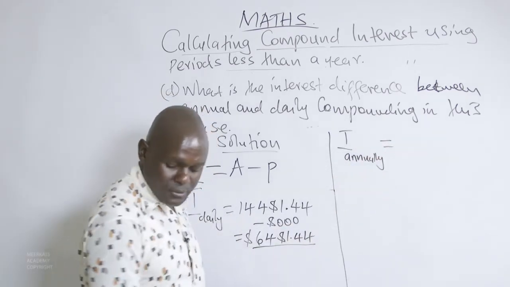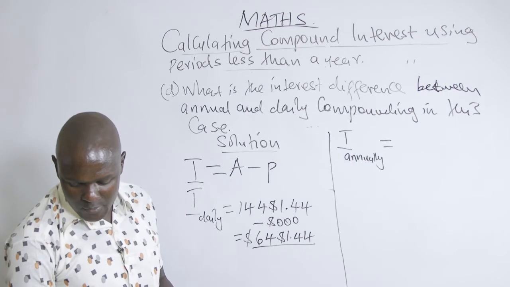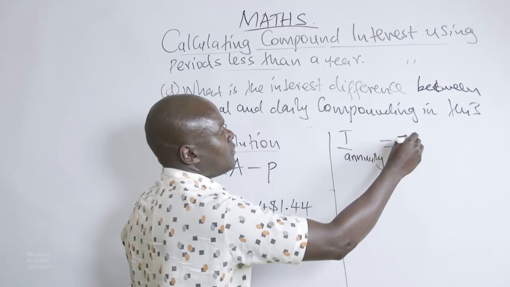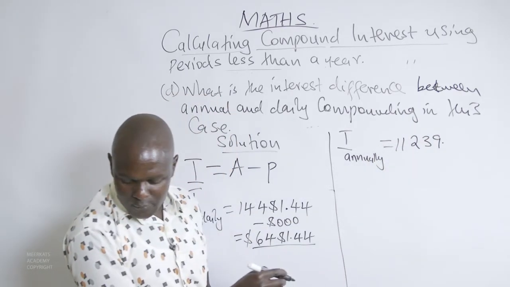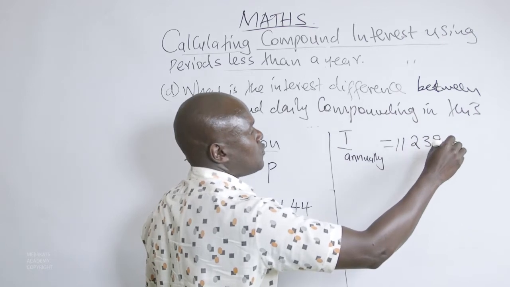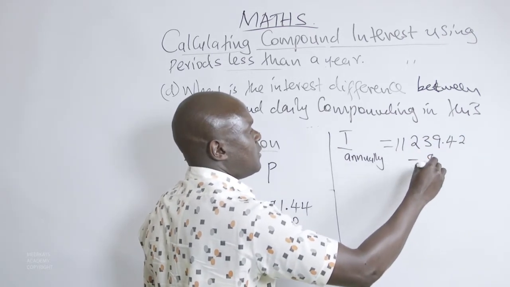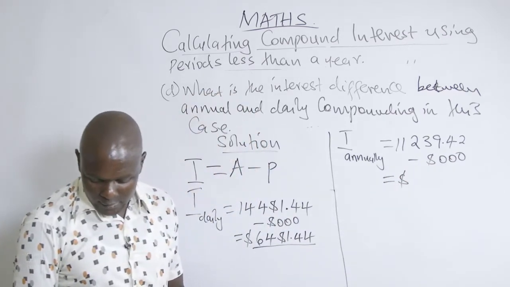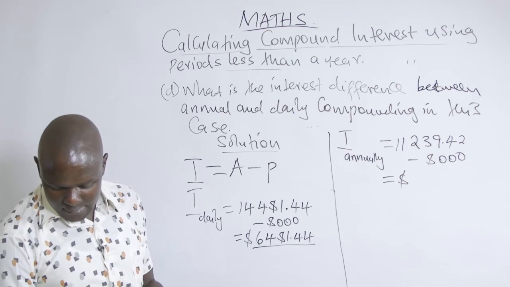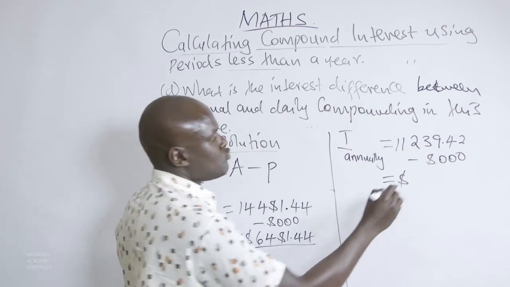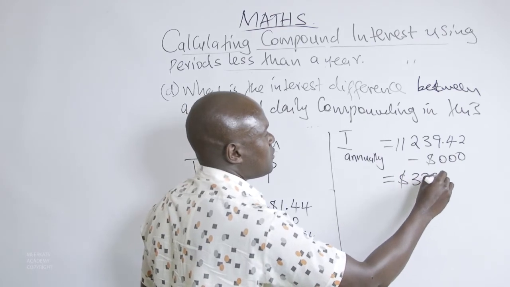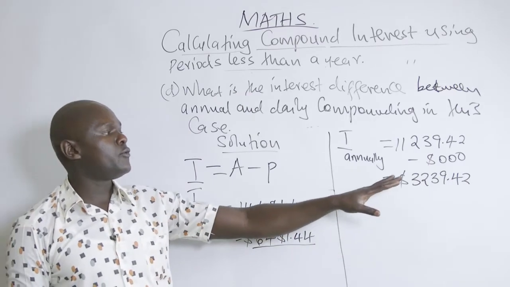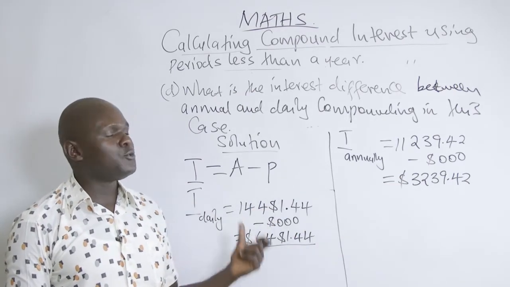This will be the amount that we obtained when we were compounding annually, and the amount was 11,239.42 minus the principal, which is still 8,000, and this will give us an interest of $3,239.42. We have the two interests.